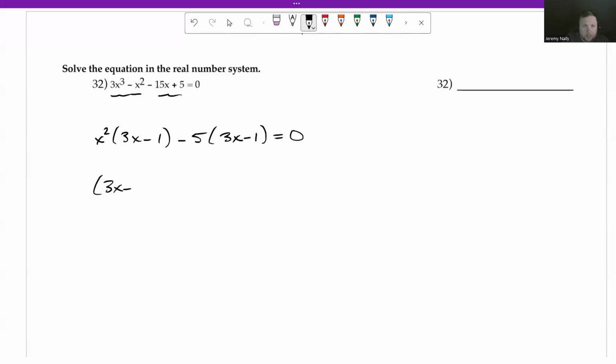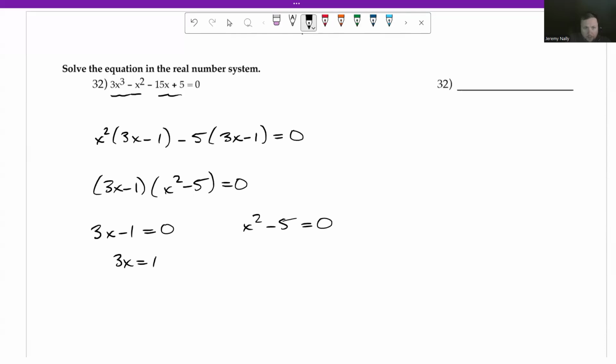Factor out the 3x minus 1. And I have x squared minus 5. So then I can set each one of these equal to 0 using the zero product property. So then 3x equals 1, x equals 1/3, x squared equals 5, and then the square root of both sides. Don't forget, when you take the square root of both sides, you have to put that plus or minus in. So I have x is plus or minus radical 5, x is 1/3.